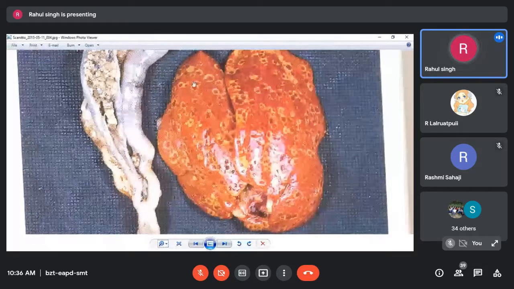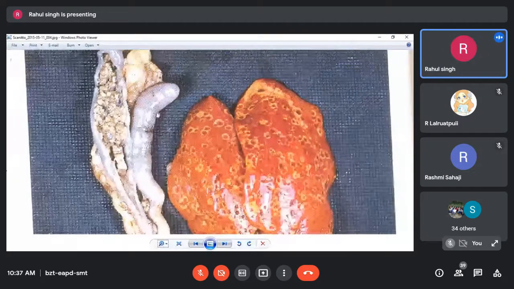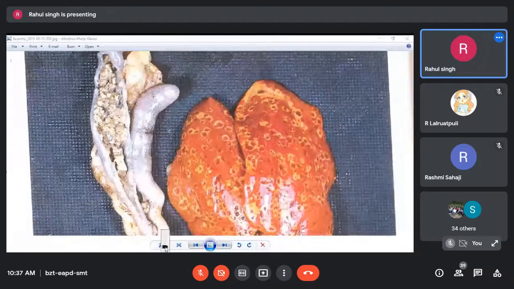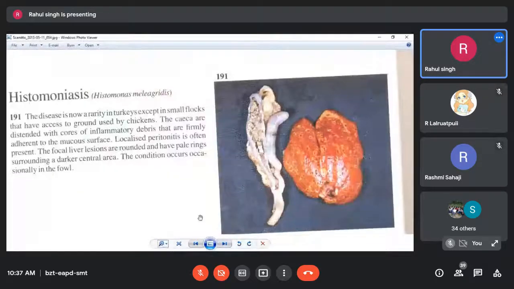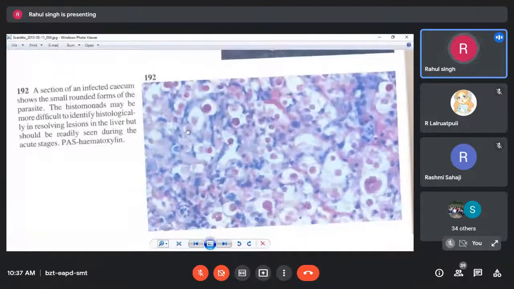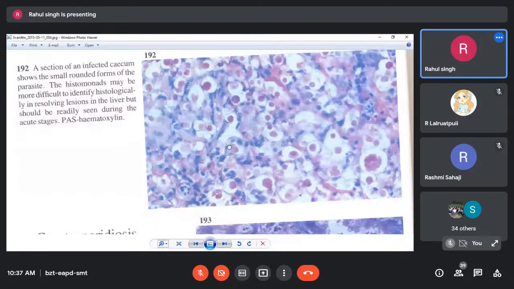On this periphery we will find the presence of histomonads, and if you see the ceca here and you cut open the ceca, you will find that necrotic debris is present inside the ceca. There is no feces, but necrotic debris is present inside the ceca, as we have seen a very similar picture in salmonellosis, isn't it? Histomonas meleagridis, and these are the histomonads present inside the wall of the ceca. These red color structures are histomonads present inside the wall of the ceca.